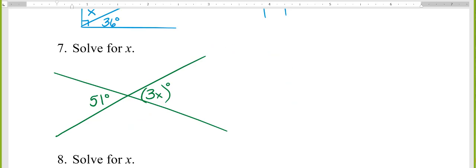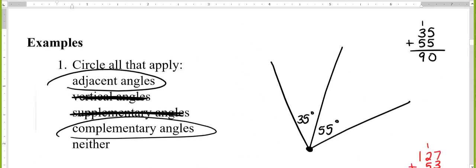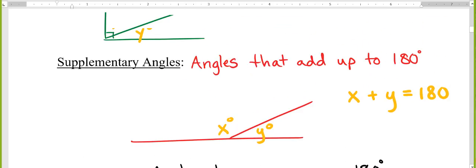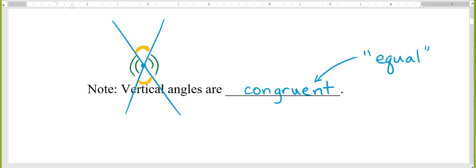For number 7, these are vertical angles. And what special thing do we know about vertical angles? What did we write down for vertical angles? Vertical angles are congruent or equal.